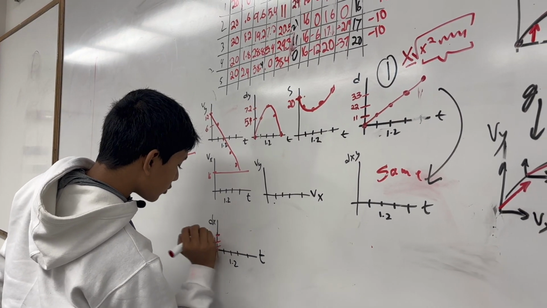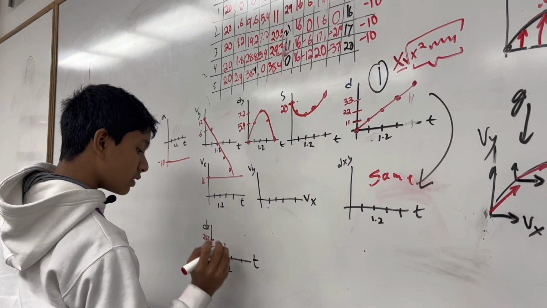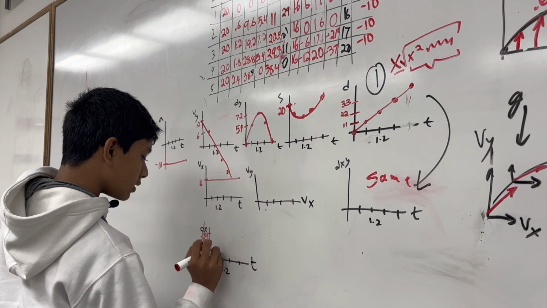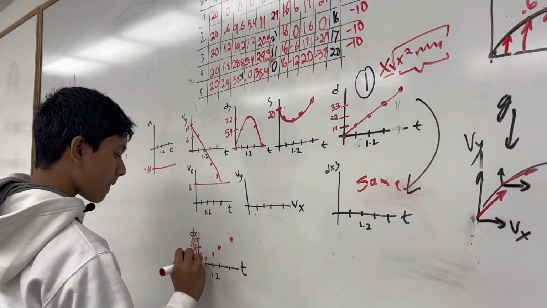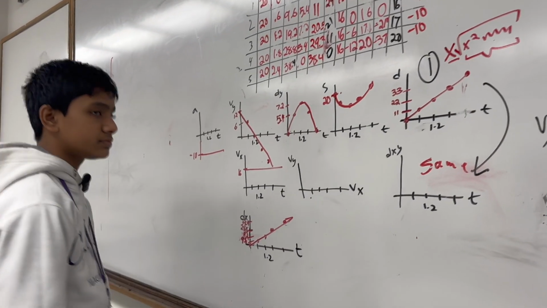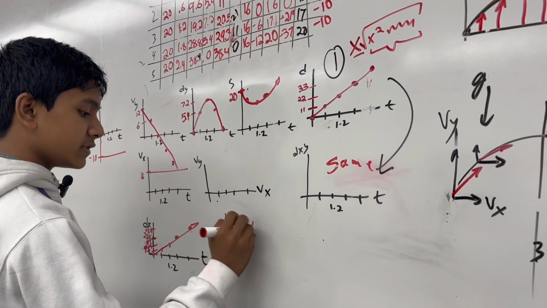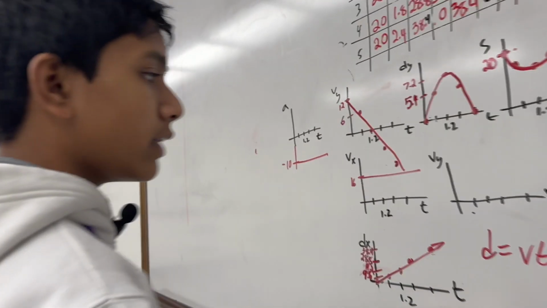At 1.8, it's 28.8. And at 2.4, it's 38.4. So it's just a line which looks like this. What would be the equation, or more or less the intuition behind the equation? The equation is just d equals vt, where v is 16. All right, very nice. Wait, we're not done.